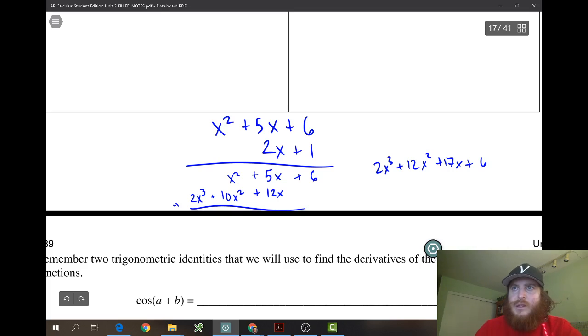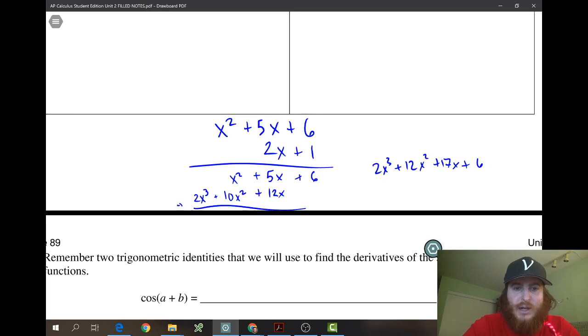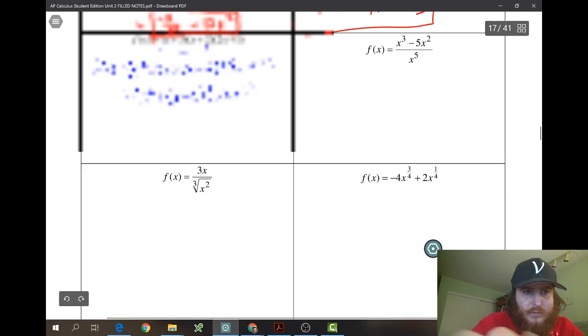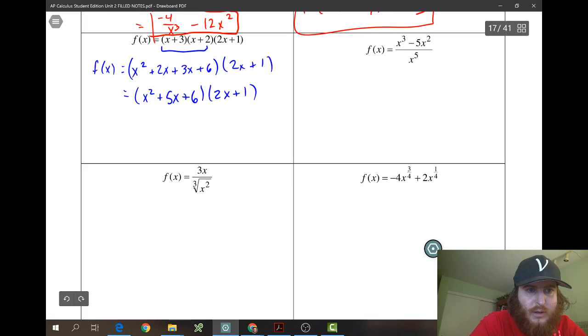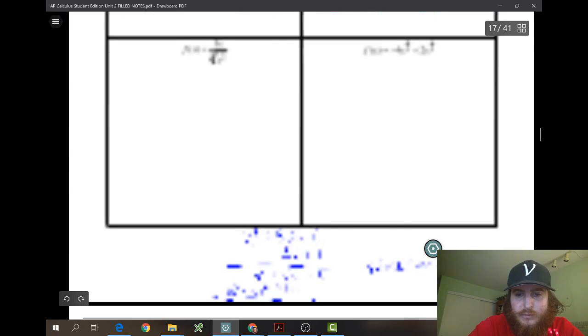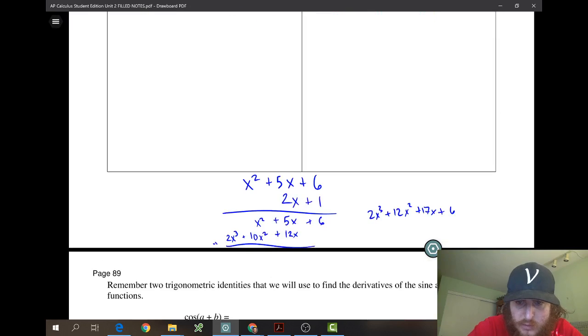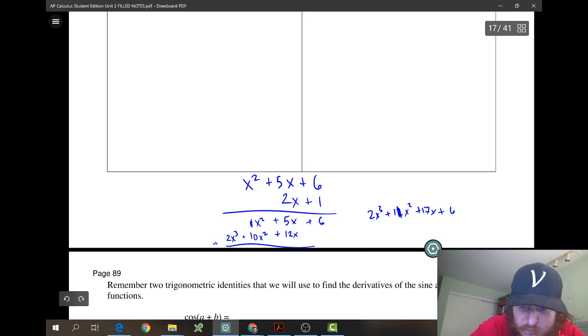And so now this is just f of x. This is not f prime of x, right? This is just f of x. So we're going to write f of x is equal to 2x cubed plus, I messed that up. This was not 12. 1 plus 10 is 11x squared.